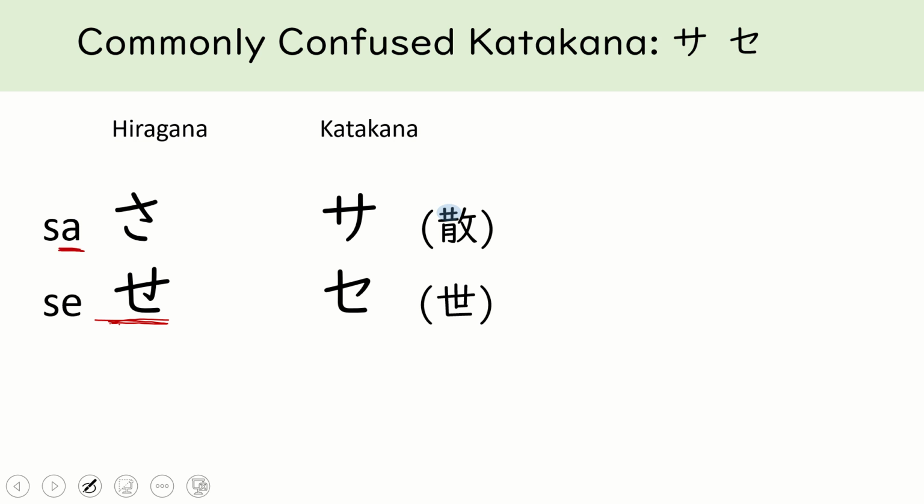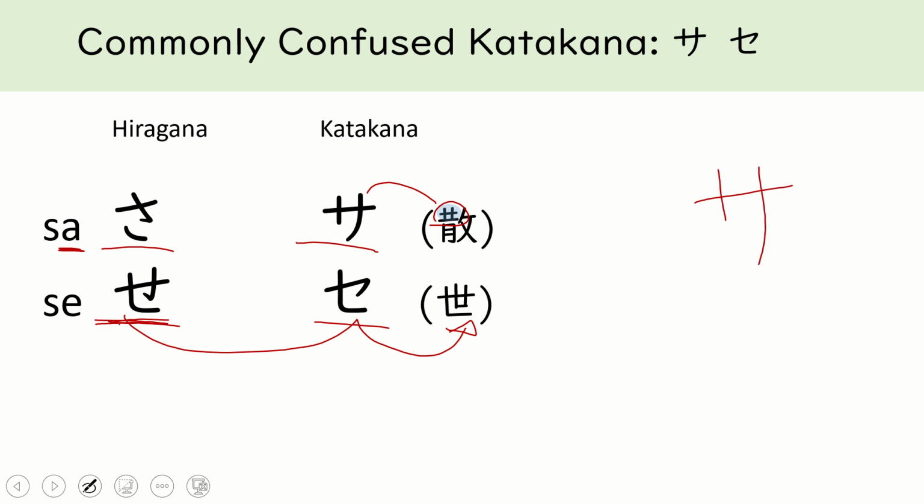But remember, this has nothing to do with English spelling or English letter names. So these two are just sa, and always sa, and these are se. They come from a different place. The katakana sa comes from here, whereas both of these characters come from this kanji. They don't look particularly similar, but they're commonly confused, so good to go over in your mind.